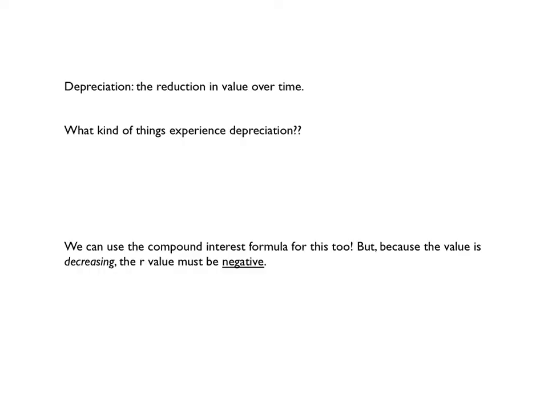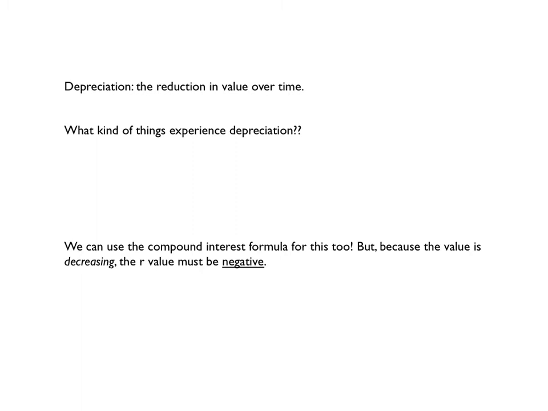Okay, so not only is there inflation, where the price of goods becomes more expensive for the same good, but there's also depreciation, which is when things that have value lose their value over time. So what kind of things experience depreciation? Well, the biggest thing that we can talk about is cars, right? The second we drive a car off the lot, it's already worth less than it was when it was on the lot.